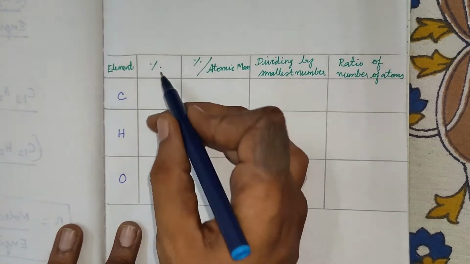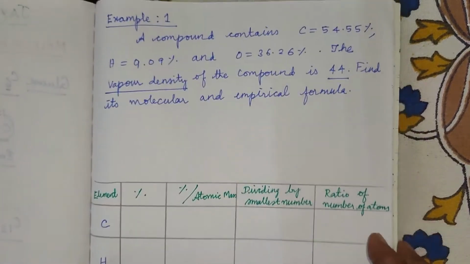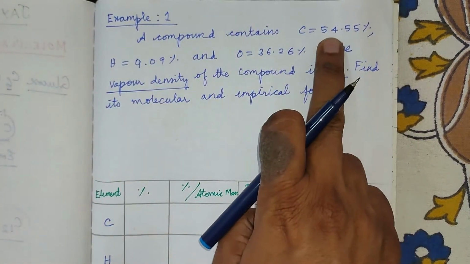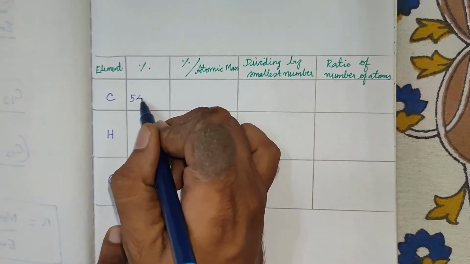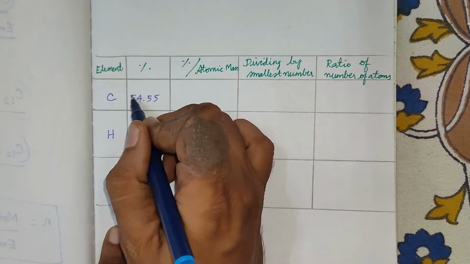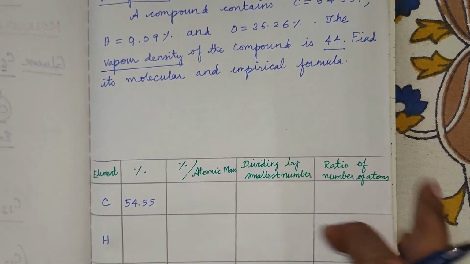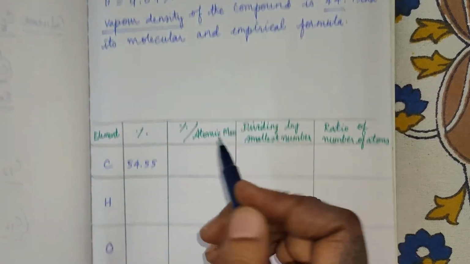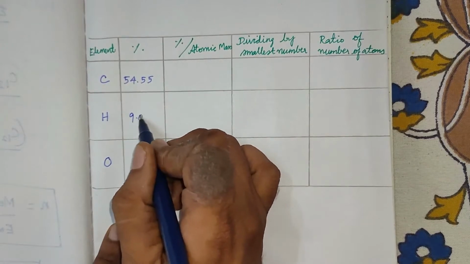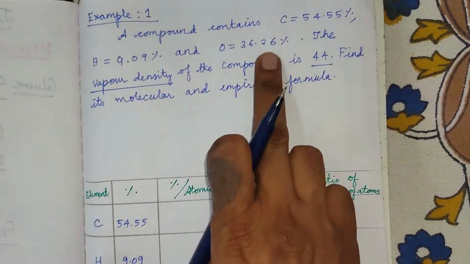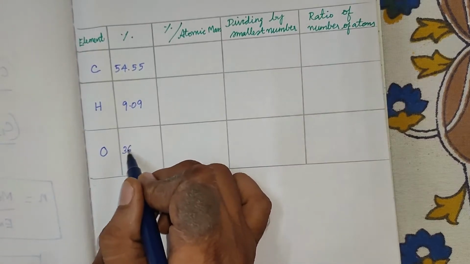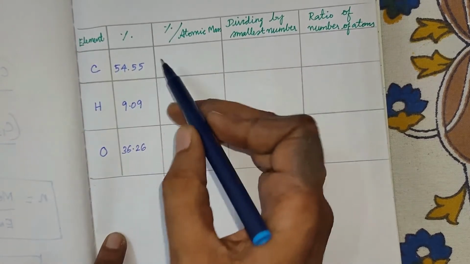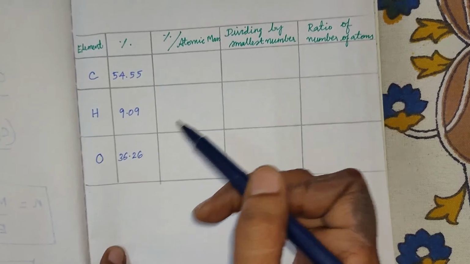Now we are going to write the percentages. The percentage of carbon is 54.55. The percentage of hydrogen is 9.09, and that of oxygen is 36.26. Now first we should check this. When you add these, you should get 100.